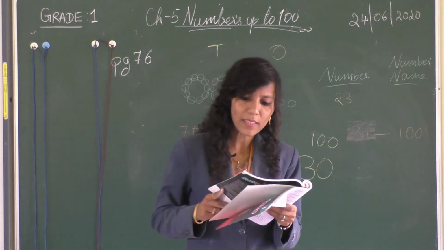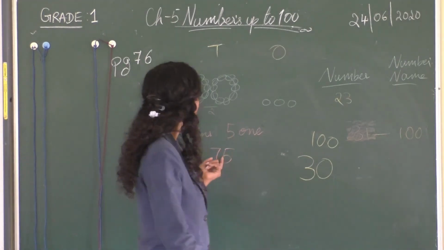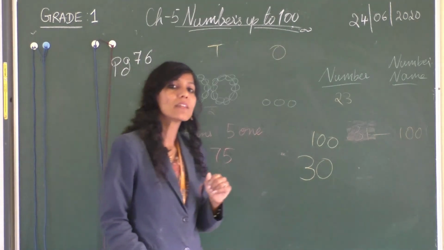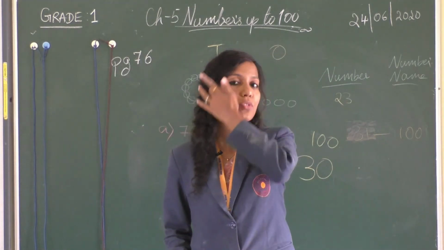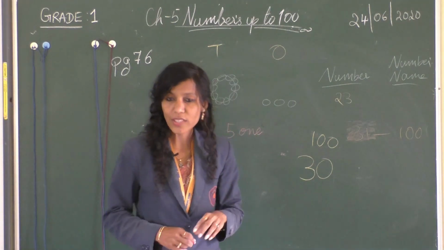Which of these numbers is the smallest and which is the biggest? You have 3. This is only A which I have done. You have B and C. Now you have to do a comparison. Which is the biggest and which is the smallest?